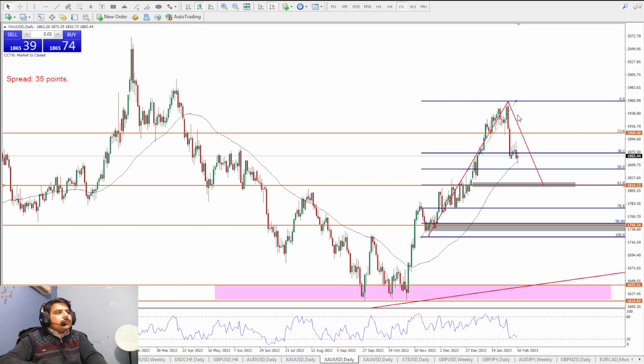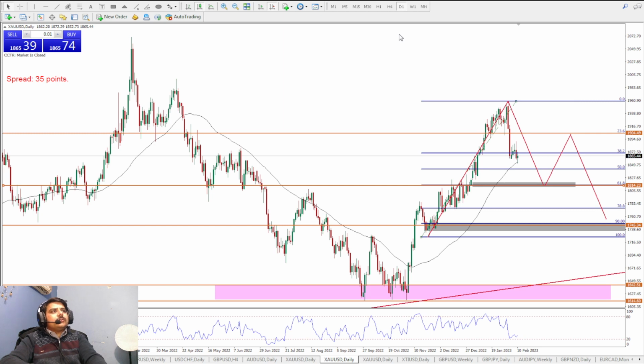So now the whole story is that it is coming back down to 1814, then it will be trying to approach 1904, right? And then it will try to complete this pattern. So this is one way of looking at it.